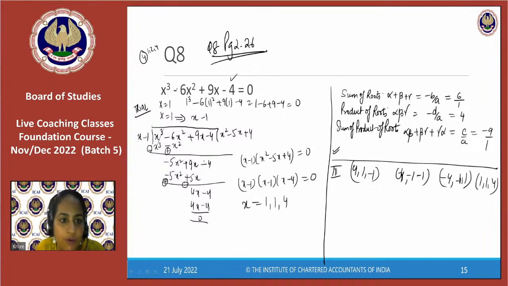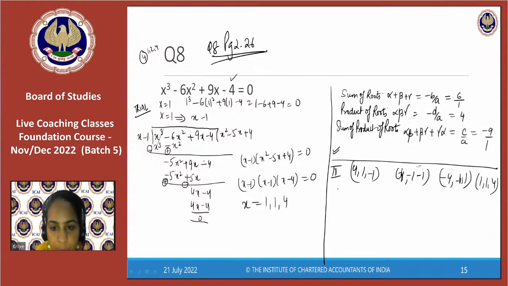It's not like for one x you will put 4, for the other you will put 1, and for the third one you'll put minus 1. Try to understand what I'm trying to say: if you are getting answer 0 with 4, you're getting answer 0 with 1, and you are not getting answer 0 with minus 1, this itself eliminates options 2 and 3.